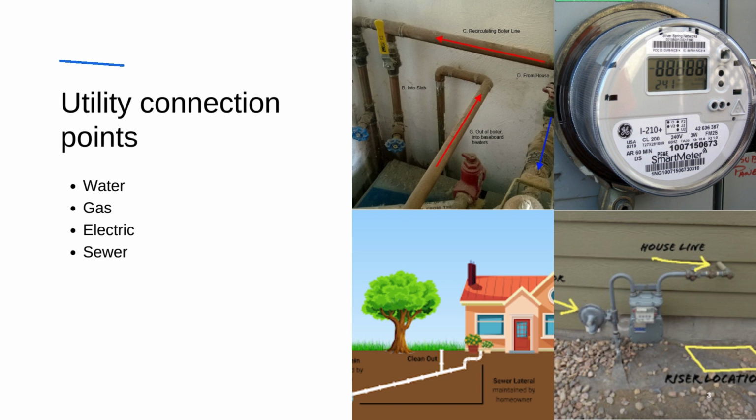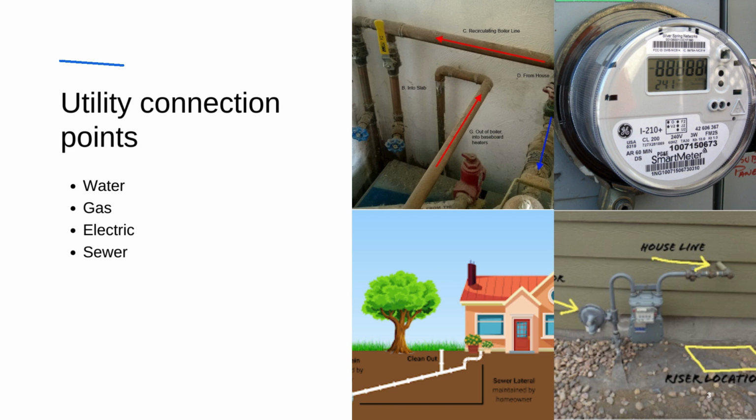Gas, we always run to the existing gas meter. Even if you don't get a separate meter for the ADU, you're still running that gas line. Wherever the existing gas meter is, we have to trench and run our lines there. Same thing with electric. We have to trench and run our electrical lines to the existing panel and meter.